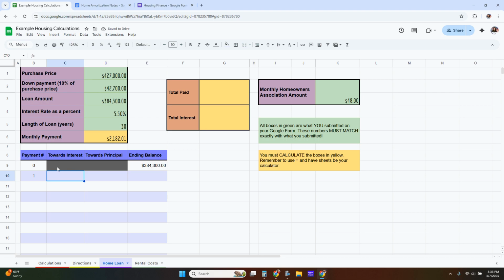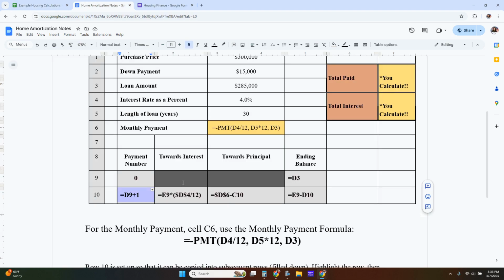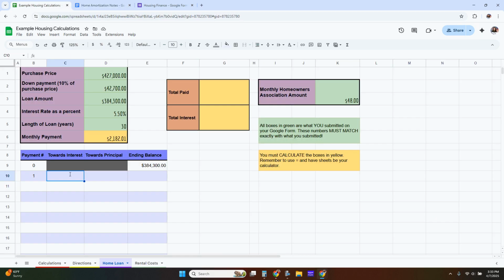The amount towards interest, this next column, I'm going to type in equals E9 times parentheses, $D$4 divided by 12, and then close the parentheses.